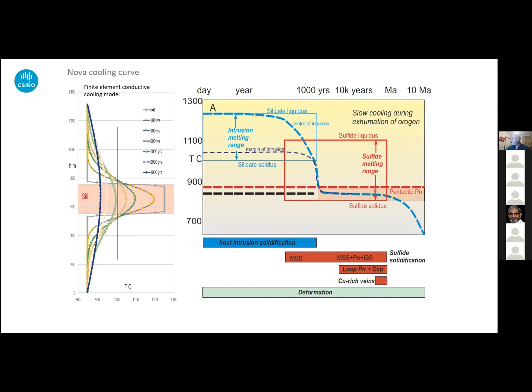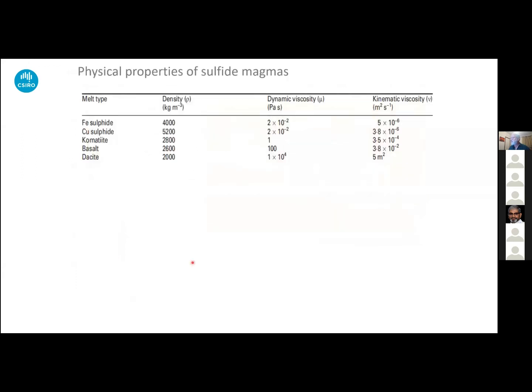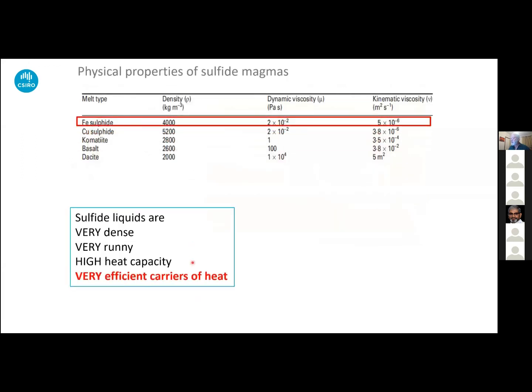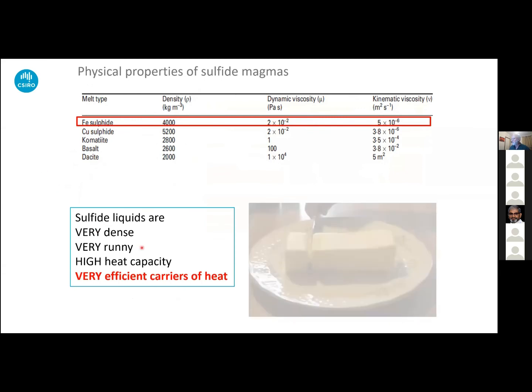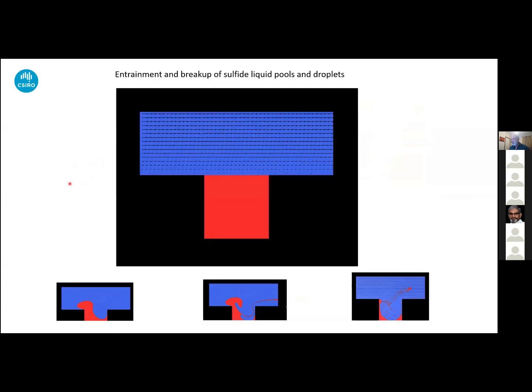And also we think the range at which we start to form peritectic pentlandite, but that's another story. So we generate the sulfides very early on, but then we've got several millions of years while the peak of metamorphism is going on, while the rocks are being pushed around and deforming at the peak of the orogeny. And so we're deforming sulfides within their melting range, and that gives rise to a whole variety of spectacular textures, which you can read about in the paper. So again, just to summarize, this is all about these very distinctive physical properties of sulfide.